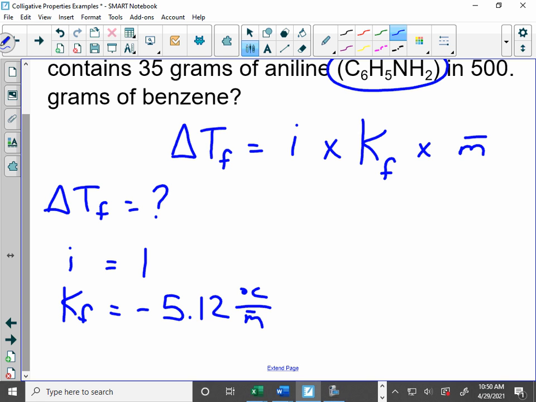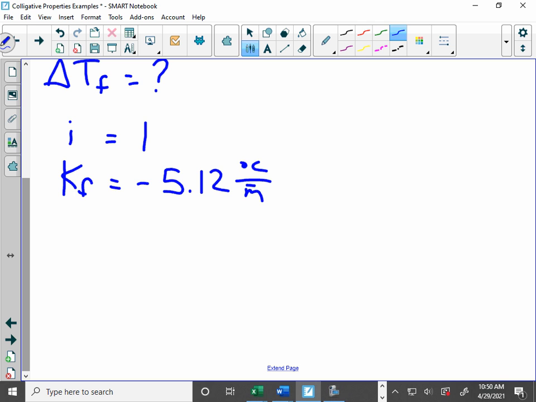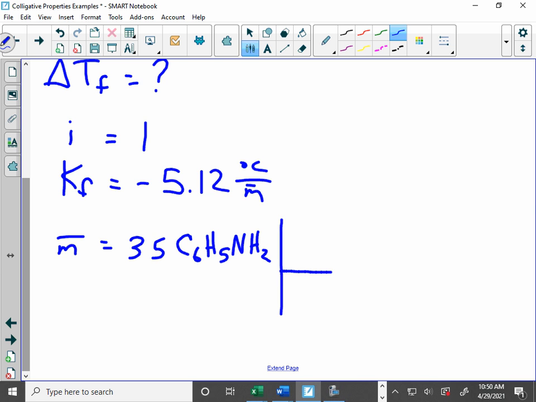The final thing I need to find is my molality. So to find the molality, I'm going to take that 35 grams of C6H5NH2, and I'm going to flux capacitor that to get my moles.